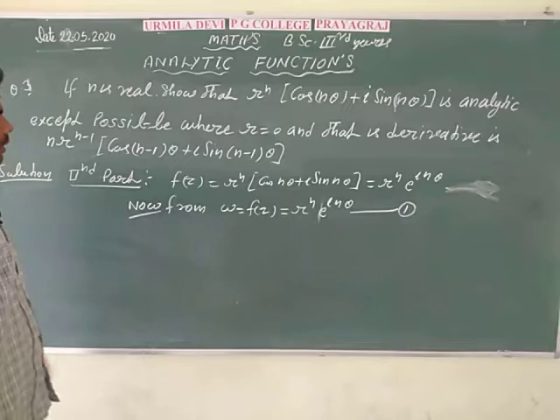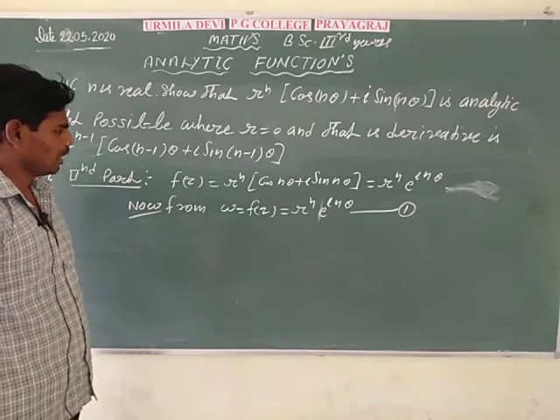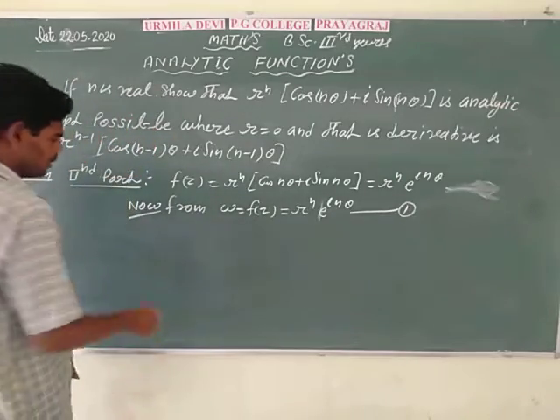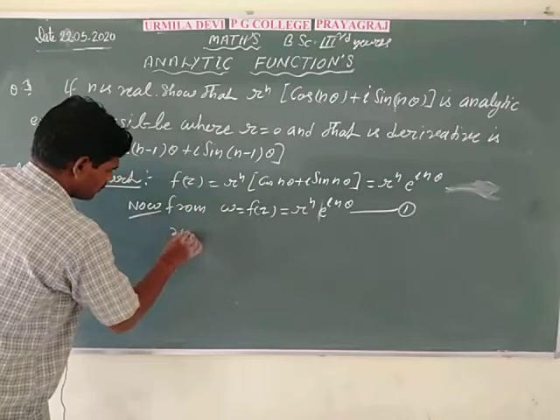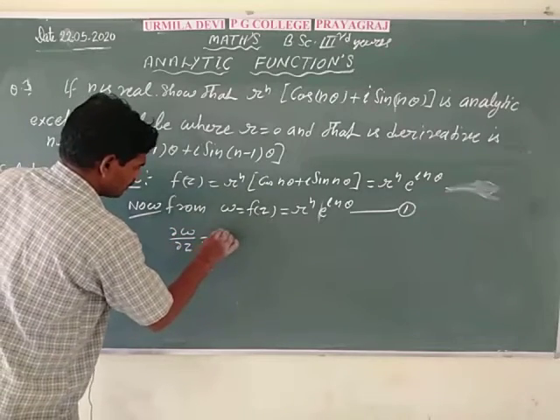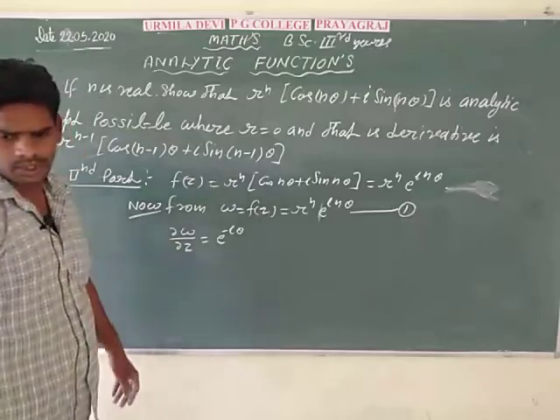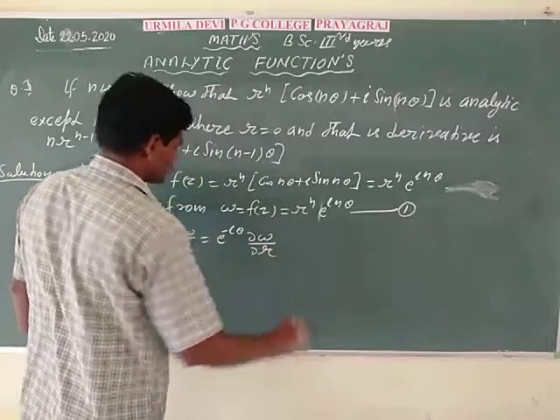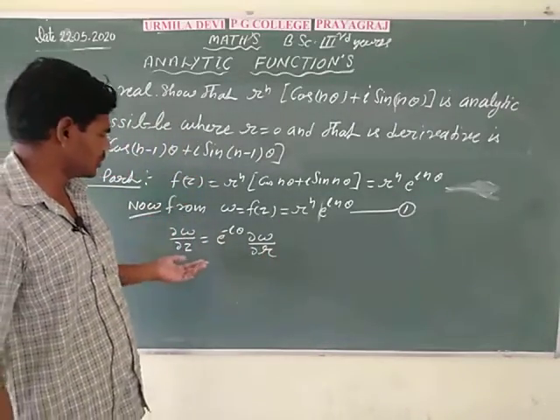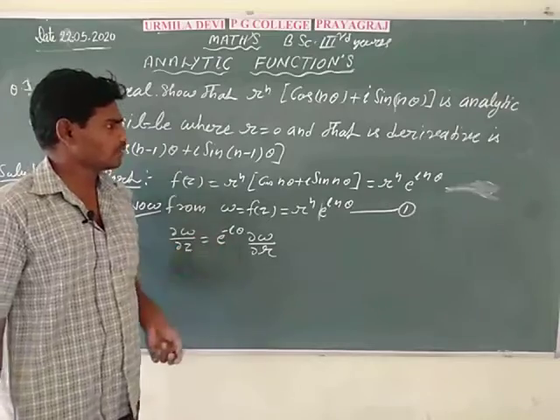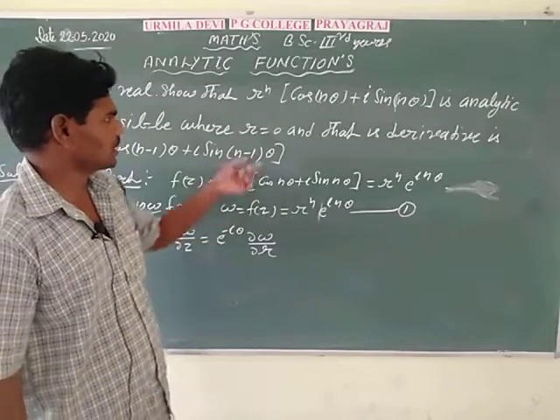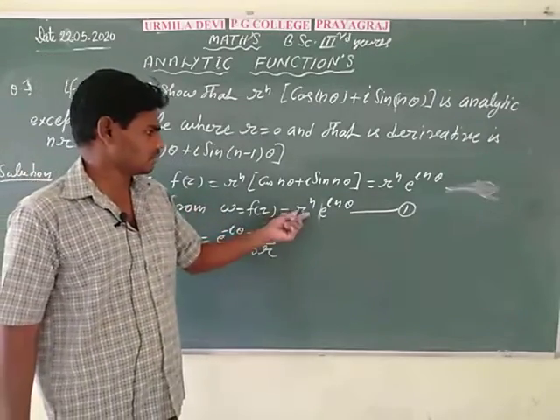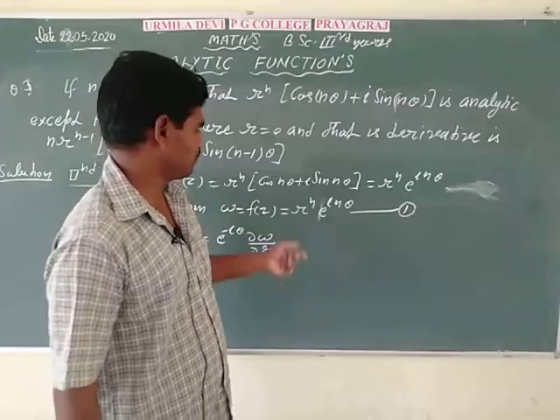Now by the formula for differentiation of function f(z) with respect to z, it is written in the form del w by del z is equal to e to the power minus i theta del w by del r. Here you can use this formula to find the differentiation of the given function f(z), which is r to the power n e to the power i n theta in polar form.